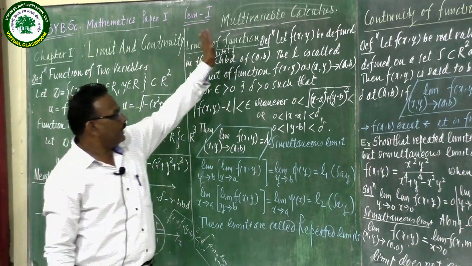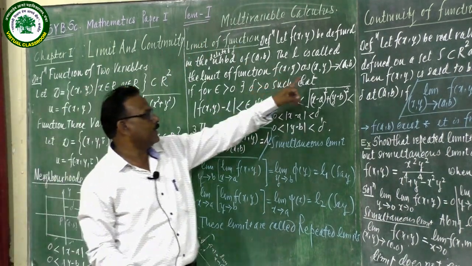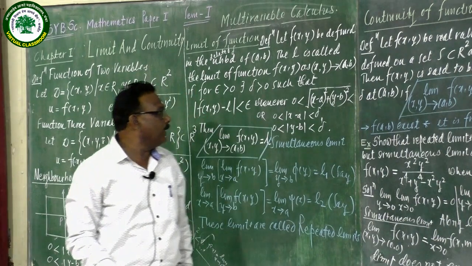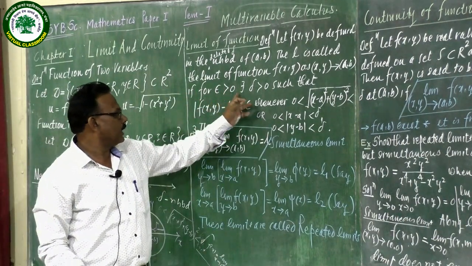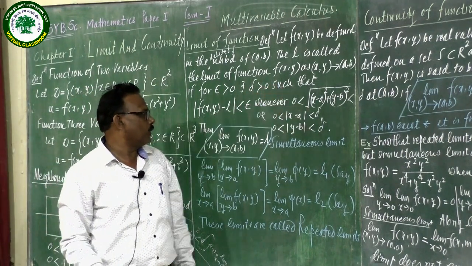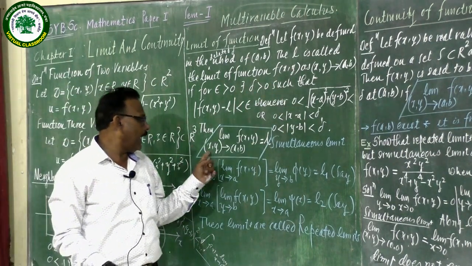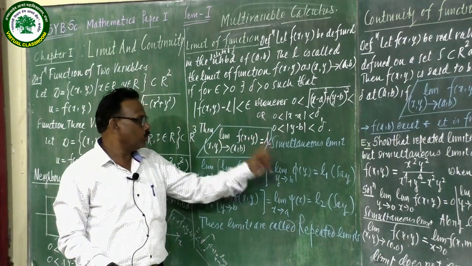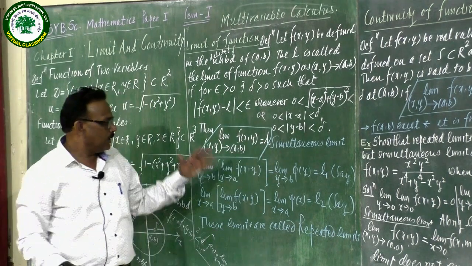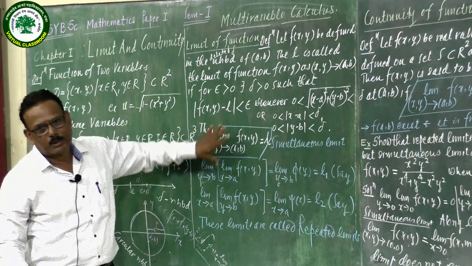This is the definition, as we consider (x, y) tends to (a, b) for epsilon greater than 0, delta greater than 0, that means the limit as (x, y) tends to (a, b) of f(x, y) is equal to L. This limit is called a simultaneous limit.